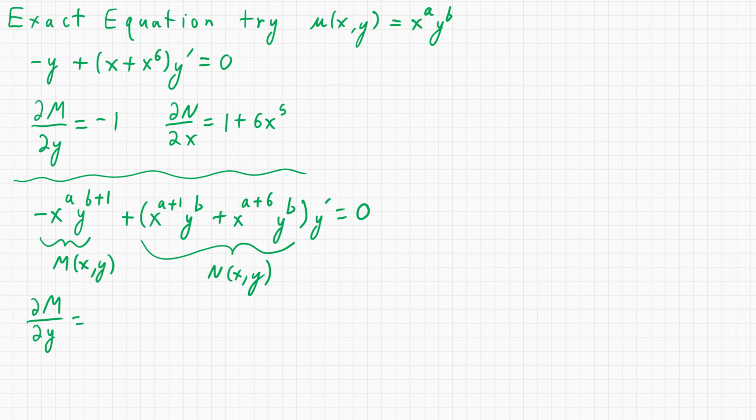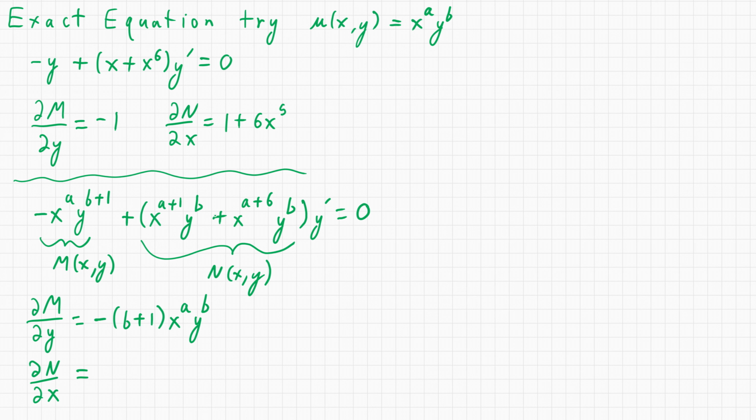All right, so let's see here. We get negative x to the a, so the y here, the b plus 1 will pop down. So we get negative b plus 1 times x to the a. The y to the b plus 1 will decrement, so we end up with y to the b. And then we have partial N, partial x. All right, well, let's take a look at that one.